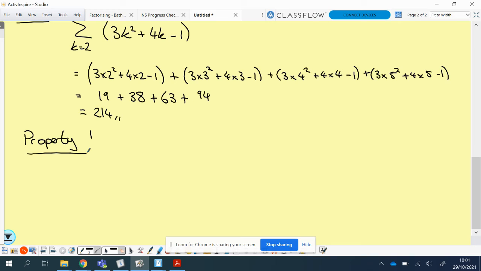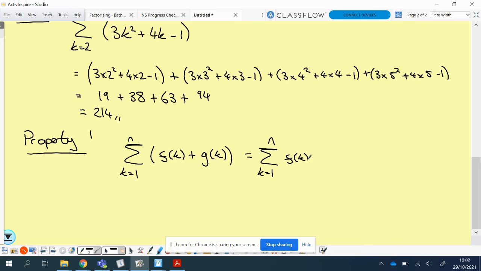Property 1 is that the sum, starting off at k equals 1 up to a value n, of a function f of k plus g of k, is the exact same as the sum of k equals 1 up to n of f of k plus the sum as k equals 1 up to n of g of k.